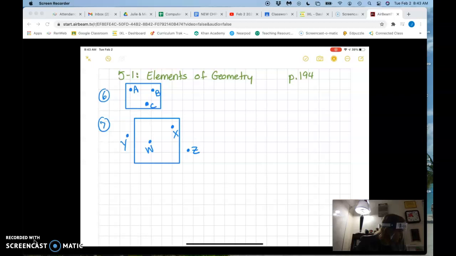Number 8, line M intersects plane L at point Q. I cannot read these letters. Okay, so I have plane L. That's the first thing I'm going to draw.